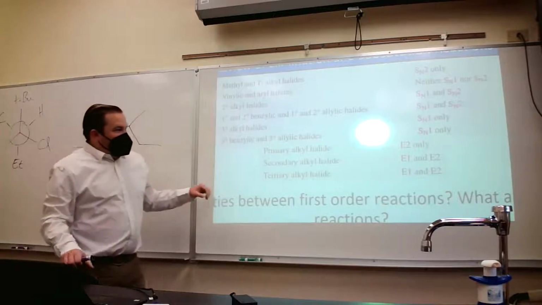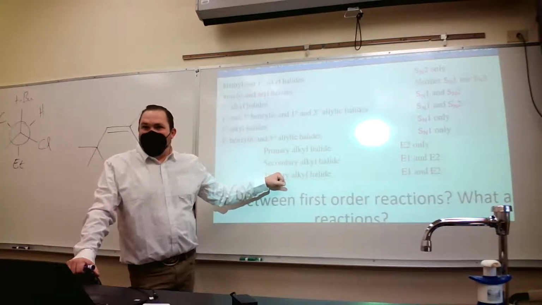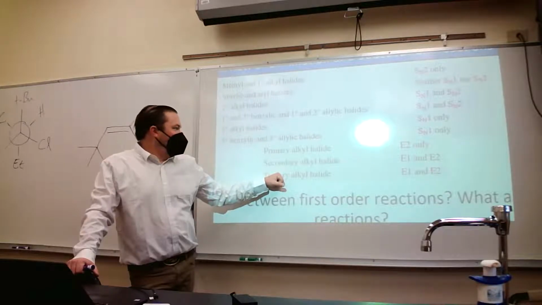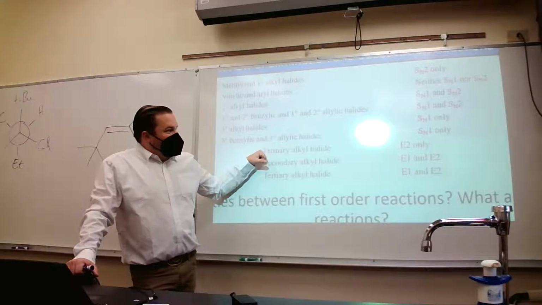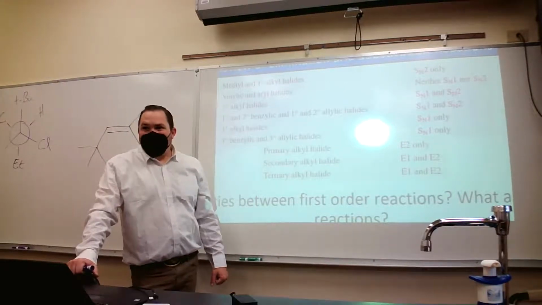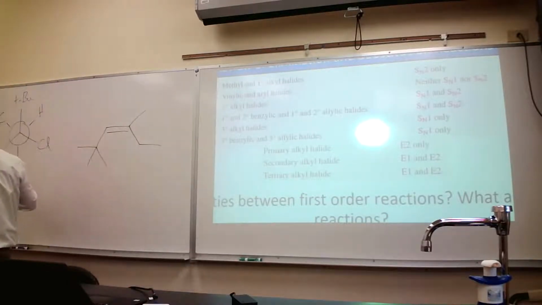So that means that E1 and E2 are not as affected by primary versus secondary versus tertiary. The only thing that really affects it is if it's a primary alkyl halide, when our leaving group leaves. Remember that if it's E1, that means it's the stepwise reaction, and the first step is the leaving group leaves.